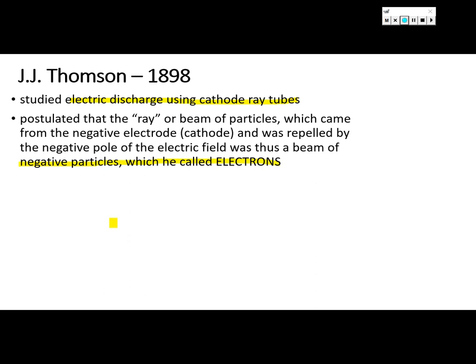So in his experiment, if he held a negative electrode towards the beam, it repelled because like charges repel. So he said the beam must have had some negative particles. He called those negative particles electrons.